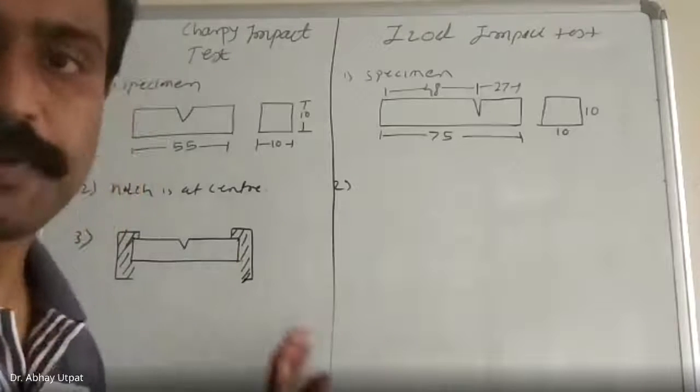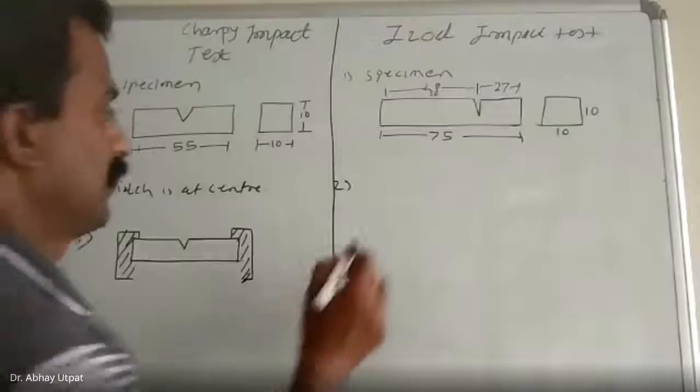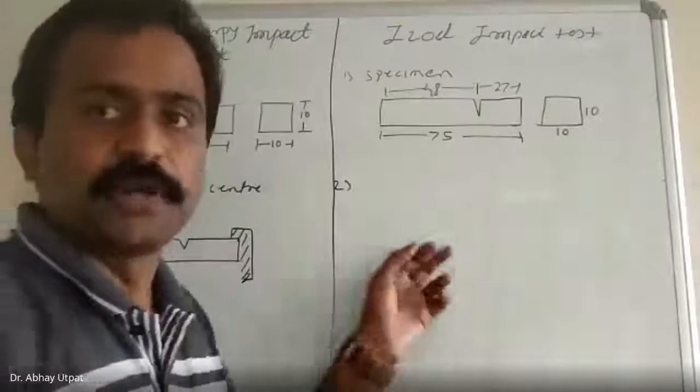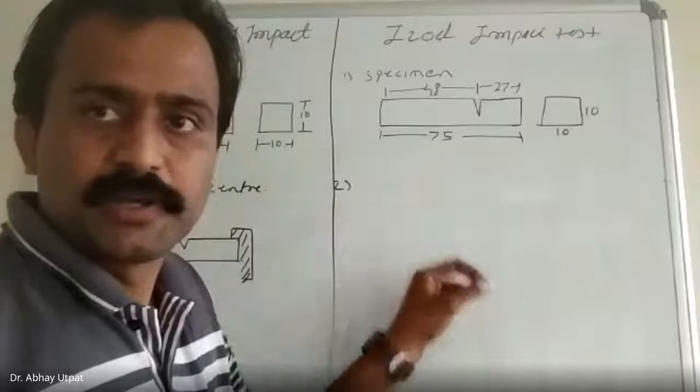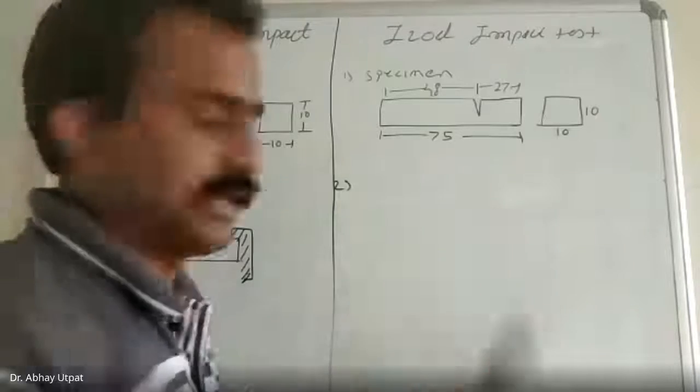Specimen is kept horizontal during working, and specimen is kept vertical during working. Write the statement: specimen is kept vertical during the working.